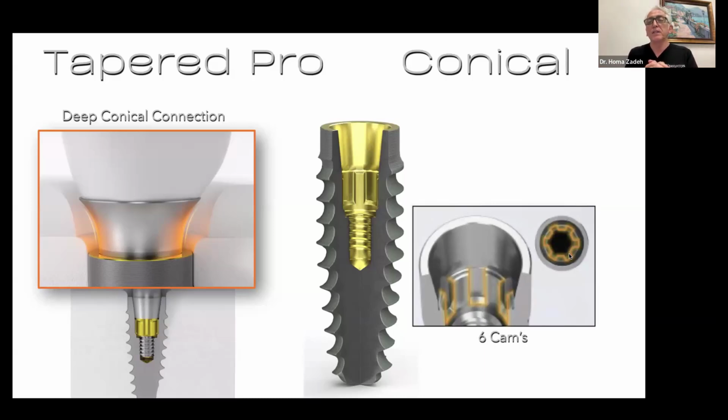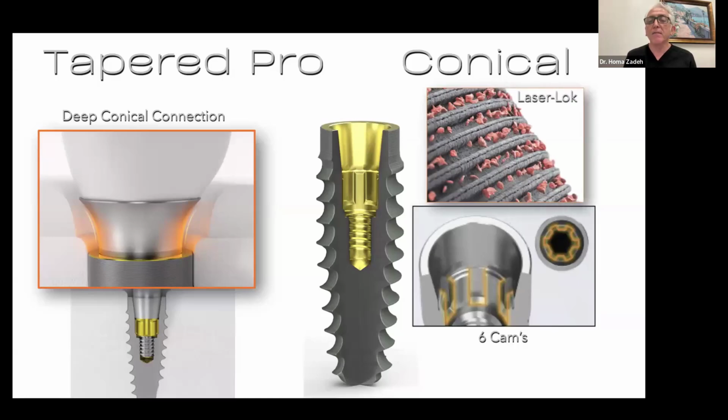But especially for full arch situations, when you have the angled multi-unit abutments, you won't have to have A and B, 2 different types of angles, because if you have a limited number of cams, you have to have A and B, one that turns towards the direction of the implant, one abutment that goes away from the implant. With these 6 cam positions, you don't need A and B multi-unit abutments. So this makes it very convenient.